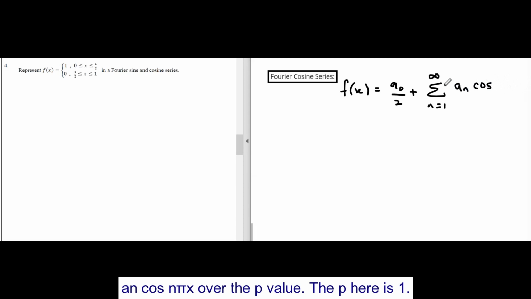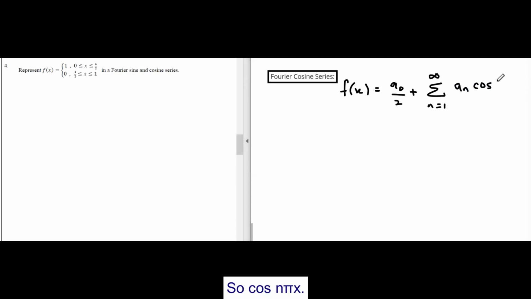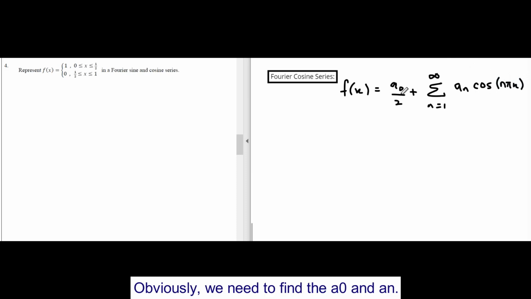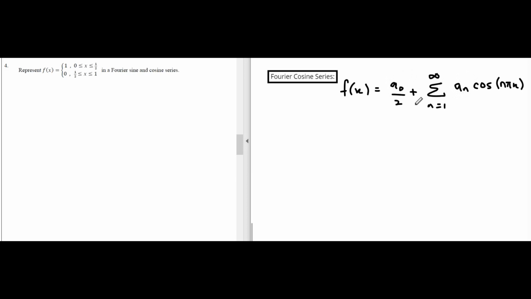The p here is 1. So cos n pi x. So obviously we need to find the a0 and an.